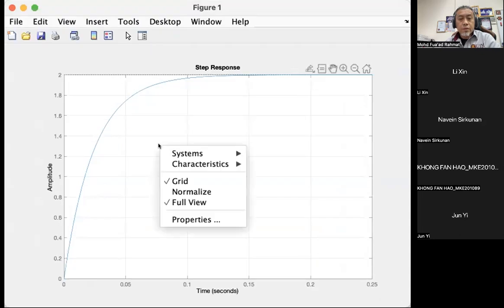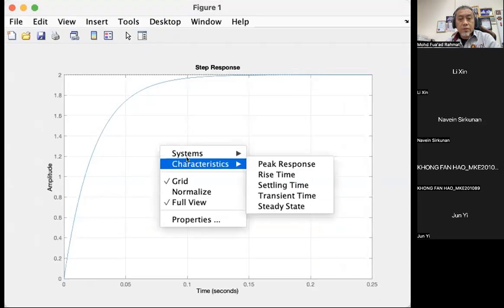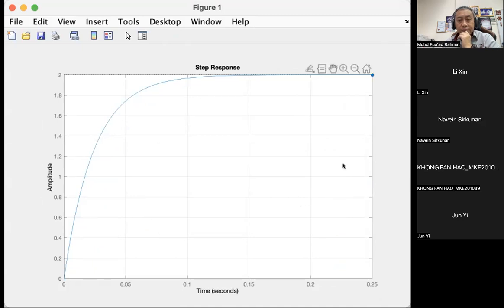So you right click, and then you can find the characteristics, which are the rise time, settling time, transient time, and steady state. It doesn't give a tau, so just find the steady state, which is equal to 2.